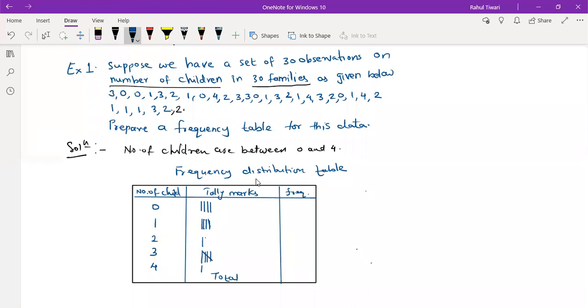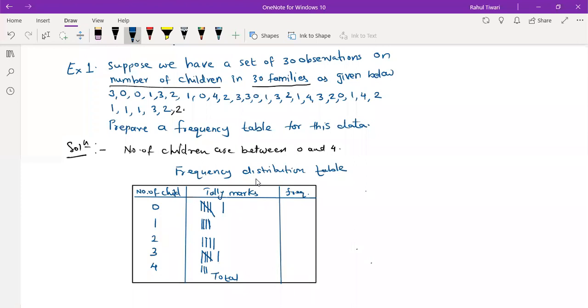Then we have a 2. Then we have a 1. Again there is 5, cancel this. Then we have a 4. Then 3. And again 2. 0 is again, so write a 1. Again 4. 2. So to do the tally mark, how many? 2.